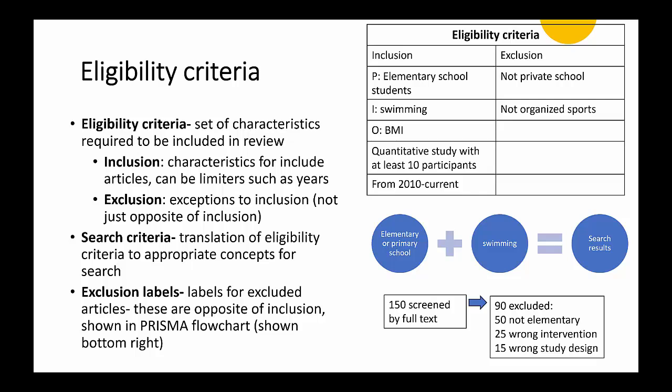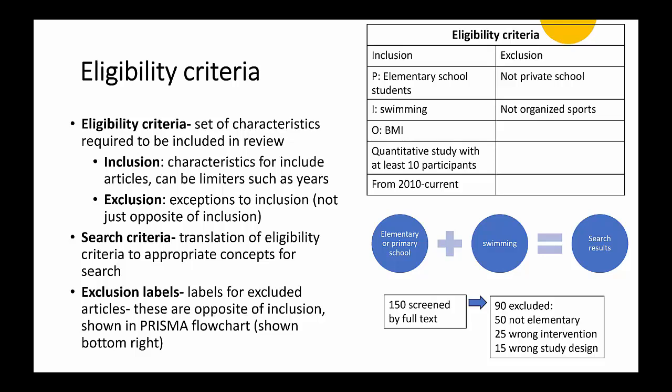Where the confusion starts to come is sometimes they take all of the inclusion and they just write it the opposite way and they say, that's my exclusion criteria. That's not in the eligibility criteria. Exclusion criteria is not really meant to be done that way. And what's happening is they're confusing exclusion criteria with the exclusion labels, which we'll talk about in a minute.